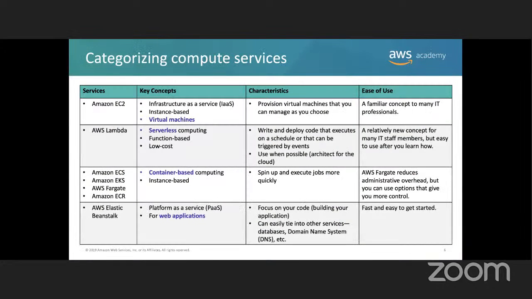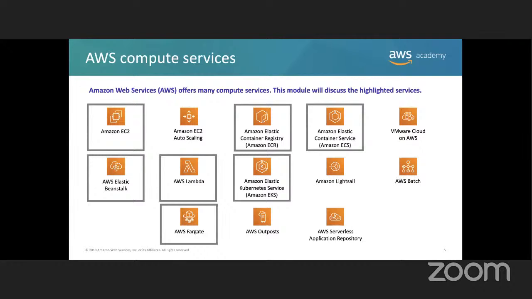So we have the compute services here, and in this module we discuss the ones that are inside the square. In total we have all of these services. We have Amazon EC2, Amazon EC2 Auto Scaling.